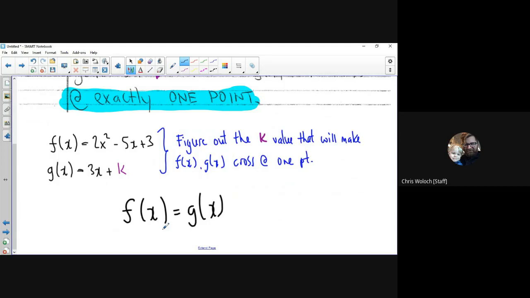But even if I didn't, and you could be in a situation where you may not be sure what is happening, if I make f of x equal to g of x and just follow the same process we've been doing, I think something is going to happen that may spark a moment in my memory that will then unlock the solution to this question and how to solve it.